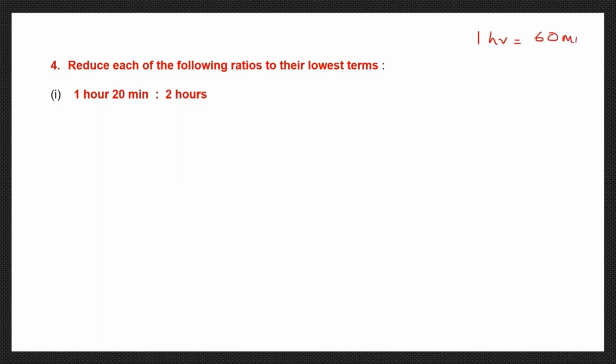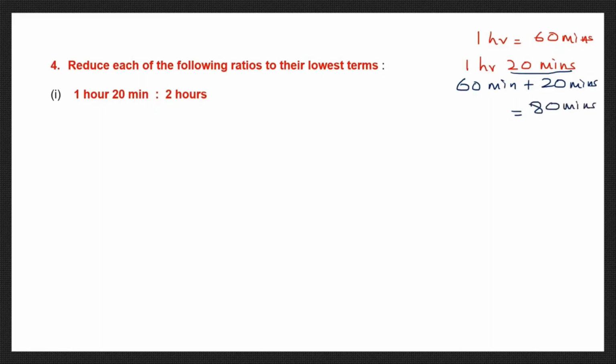So here 1 hour 20 minutes is given to us. That will be 60 minutes for this 1 hour plus this 20 minutes. So 60 plus 20 is 80 minutes.